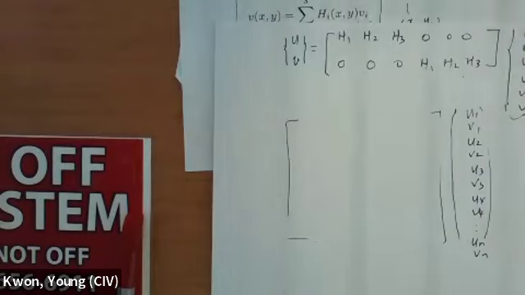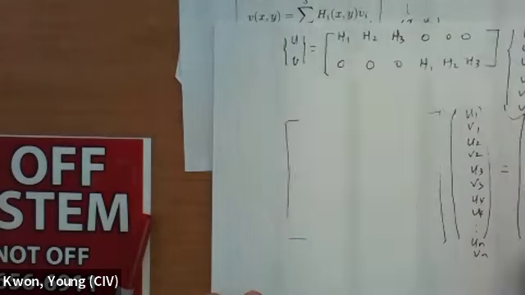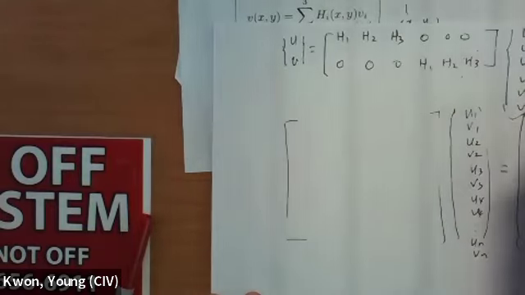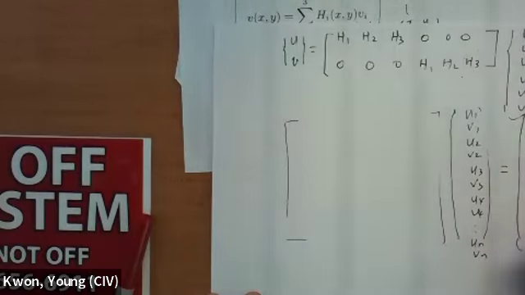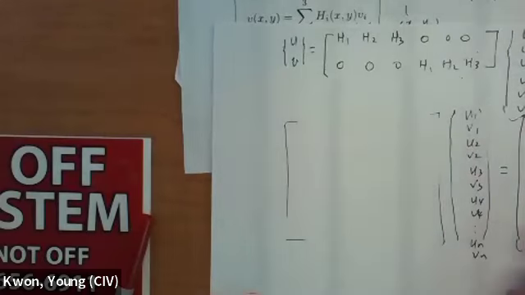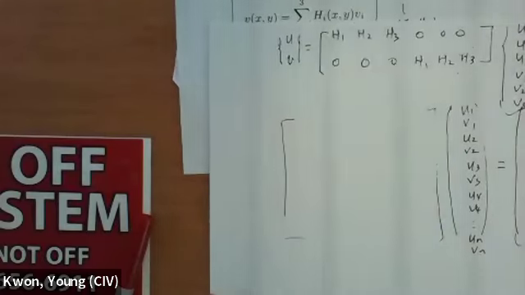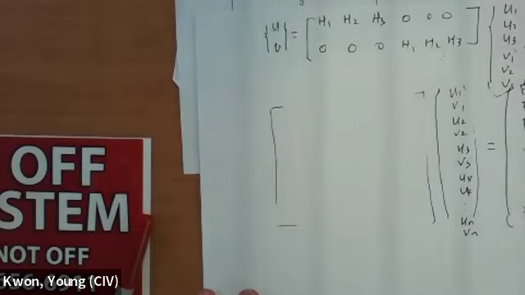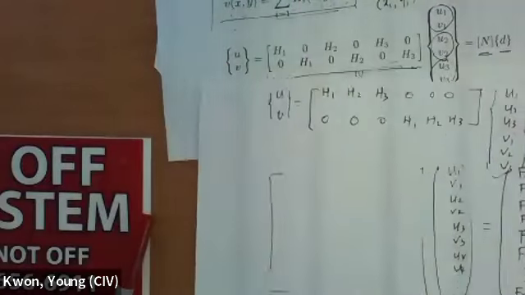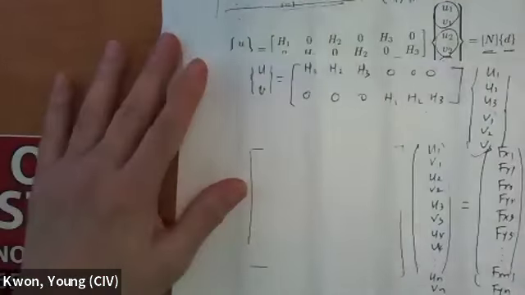Always UV, UV, UV, from the first node to the last node. And then the right-hand side column vector is going to be fx1, fy1, fx2, fy2, fx3, fy3, etc., and then fxn and fyn. Again XY, XY, XY like that. So assembling into here is a little more preferable.